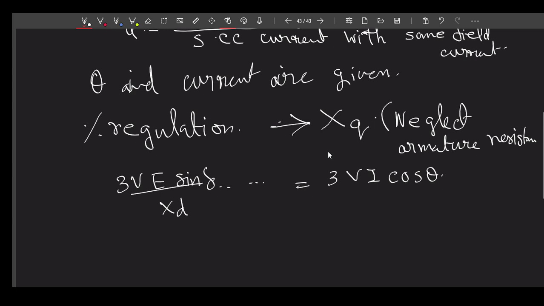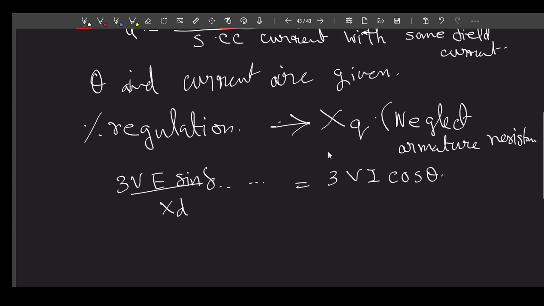Whatever power is consumed has a direct relationship with this E and xt.